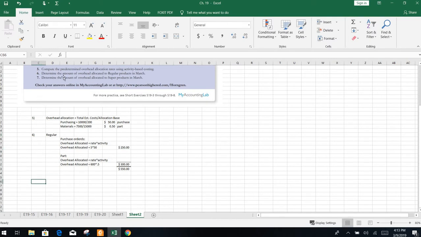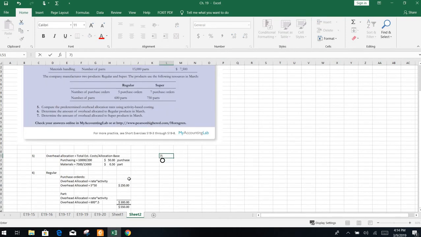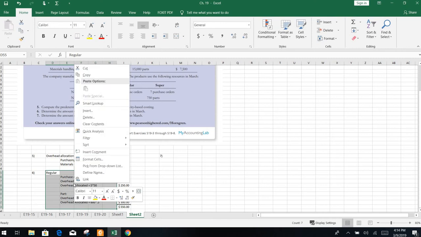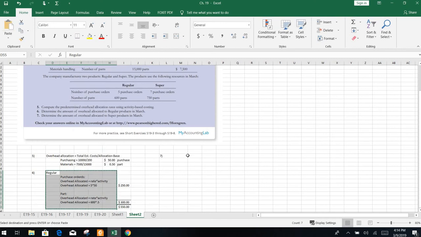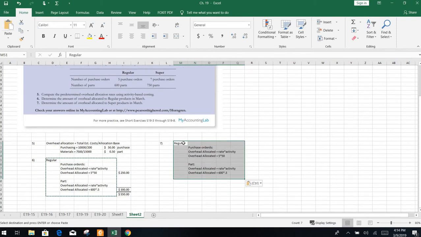And then we'll do number 7. It wants us to determine the amount of overhead allocated to the super products in March. I'm just going to do number 7 over here, so that way we won't have to keep scrolling. So number 7, it's the same calculations as these, so I'm just going to copy paste it and change the numbers. Okay, change the titles.